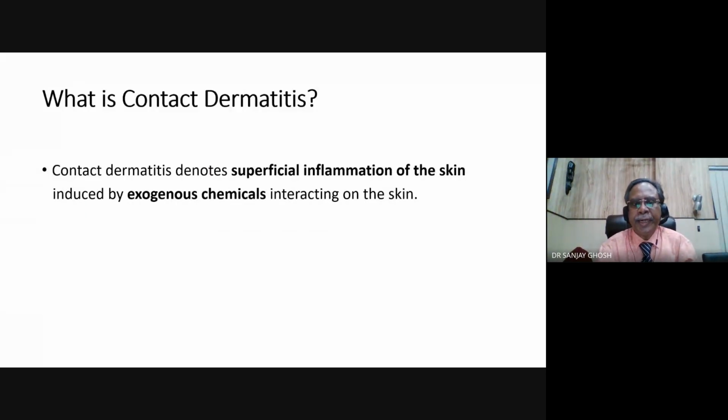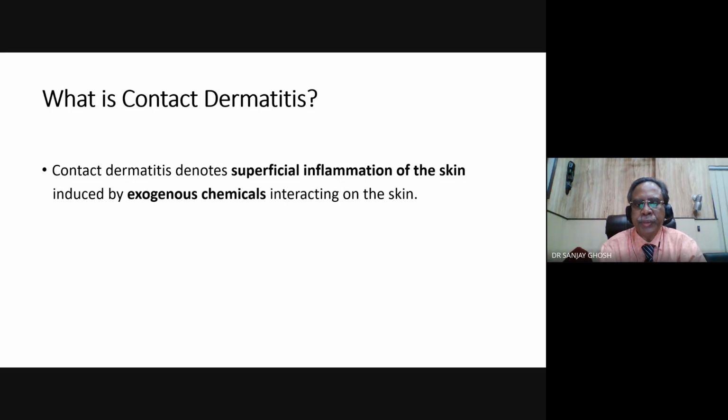So definitely this is external eczema or exogenous eczema.